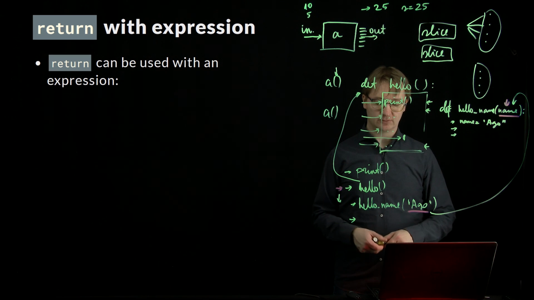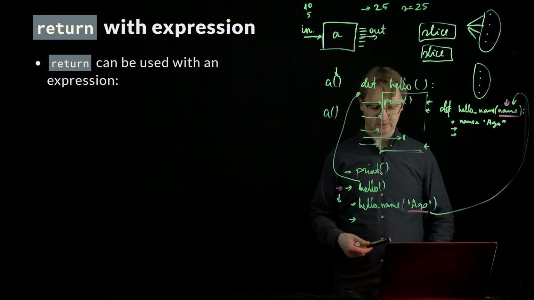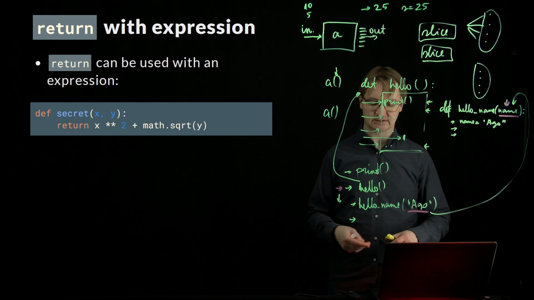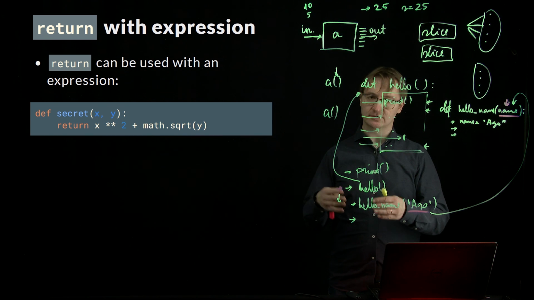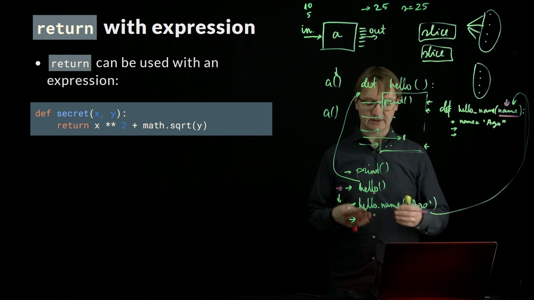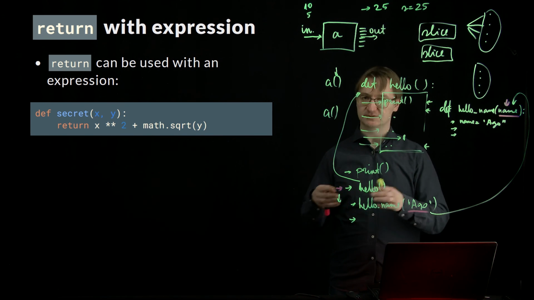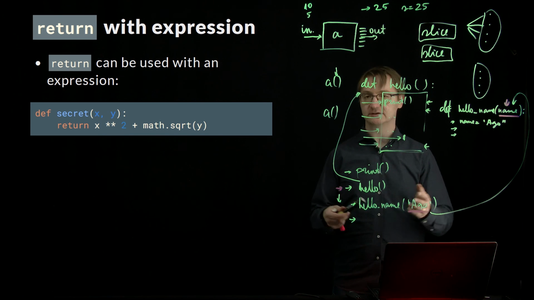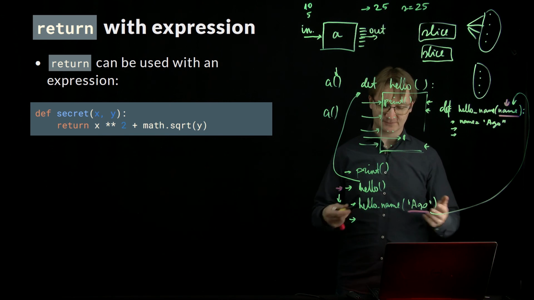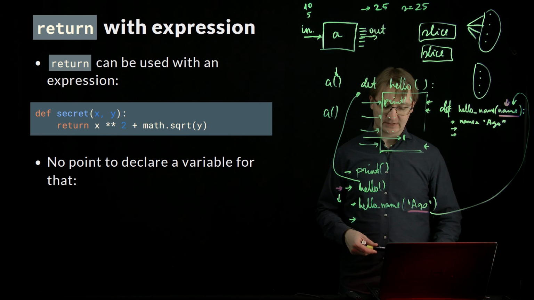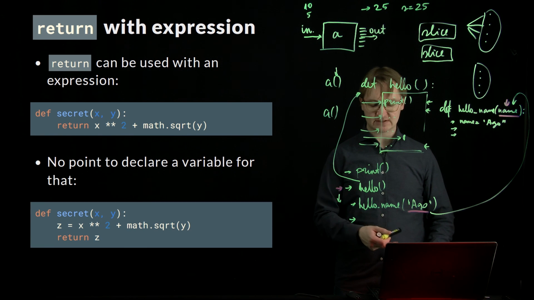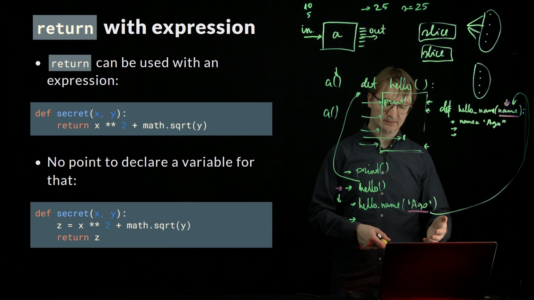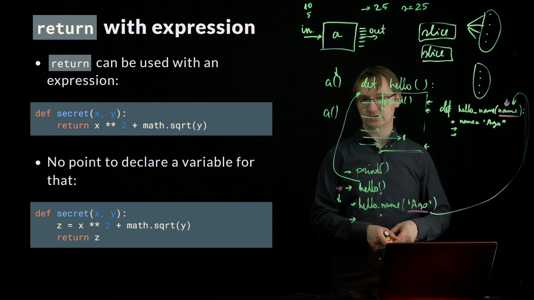The return can also be used with an expression. So we already had those examples, but basically, instead of just returning one value or one variable, we can return an expression. Currently it's calculating some secret result. And in those cases, there is no point to have a separate variable just because you want to return it.